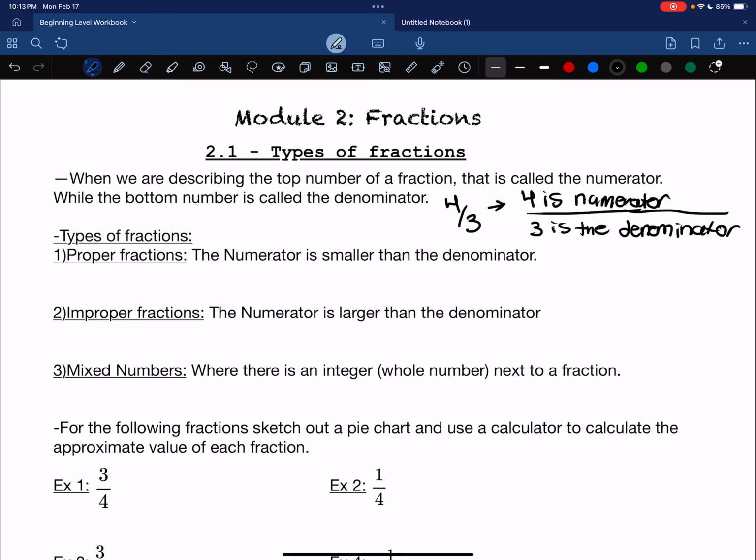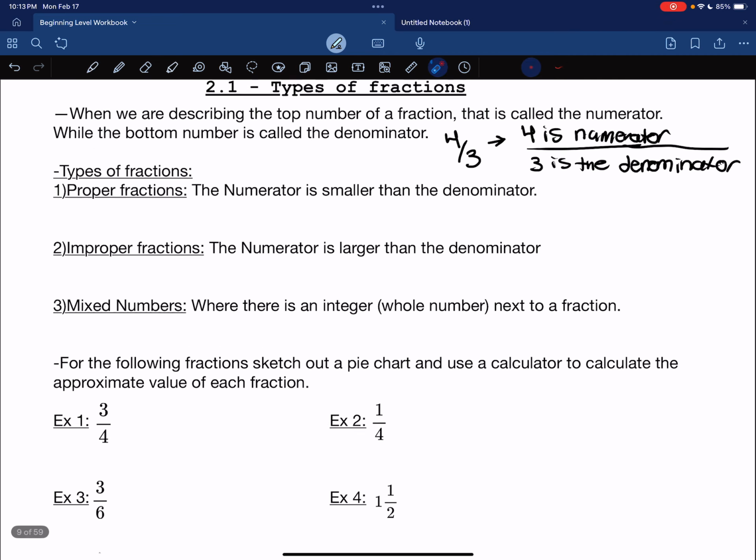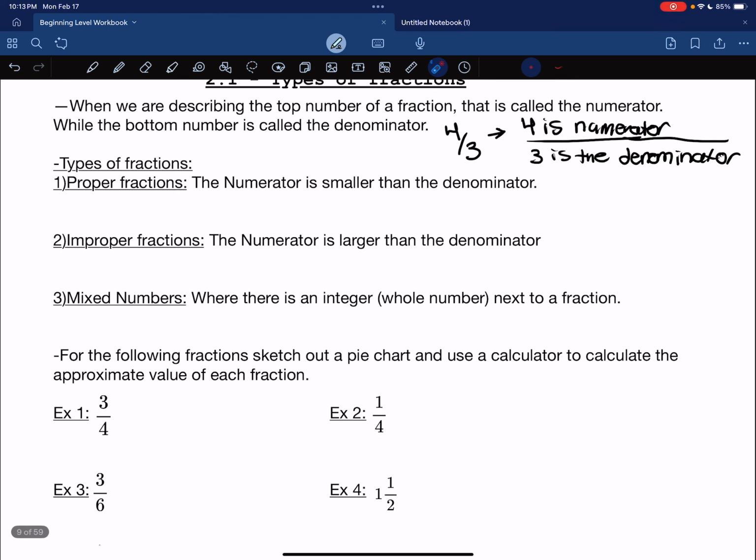So with that being said, let's go through the different types of fractions that we will mainly see. This first type is called proper fractions. Proper fractions is when the numerator, the top number, is smaller than the denominator, the bottom number.